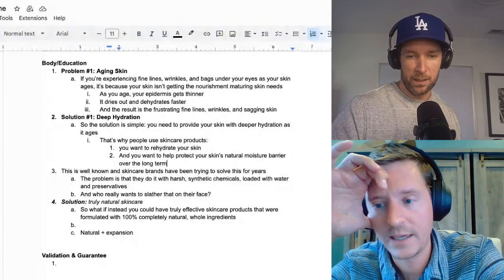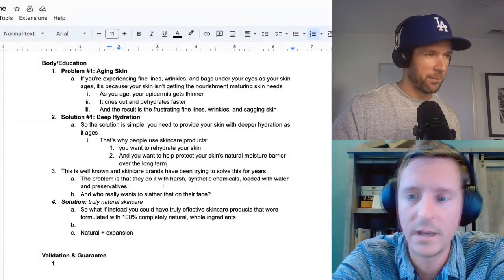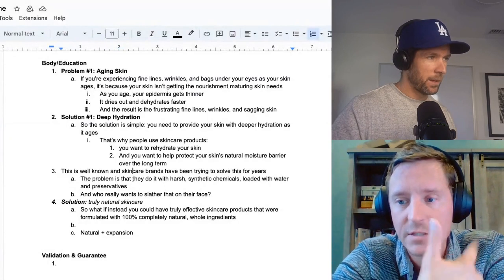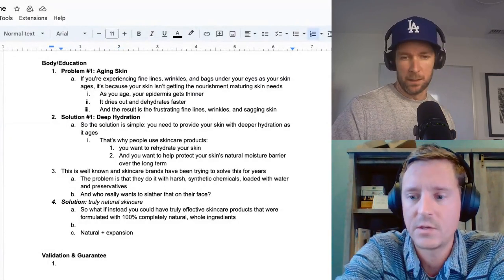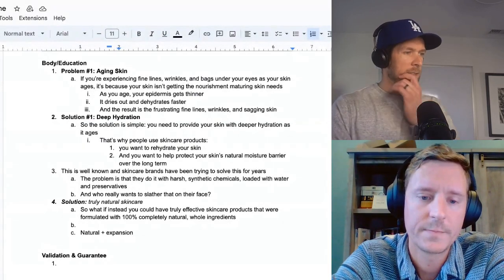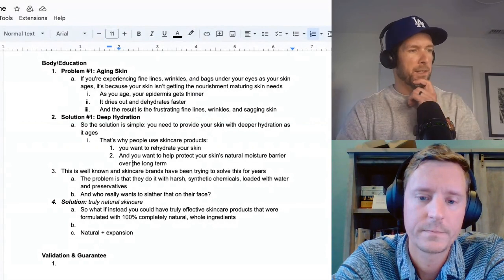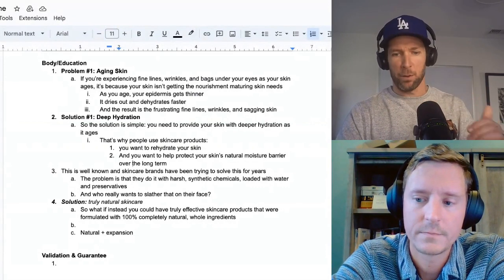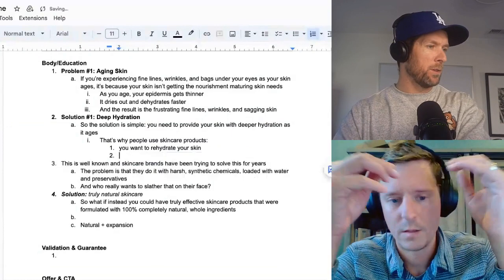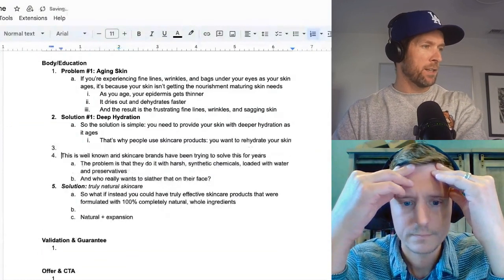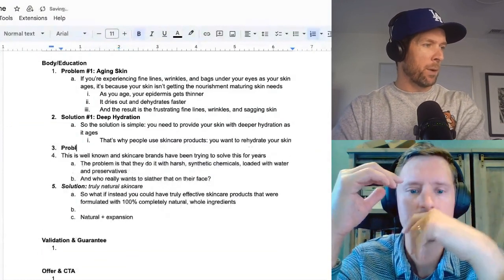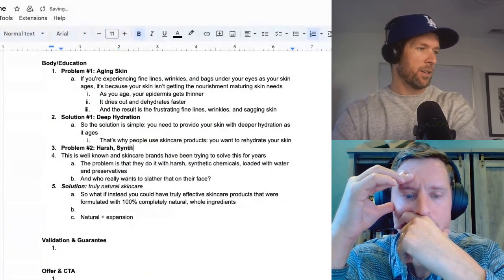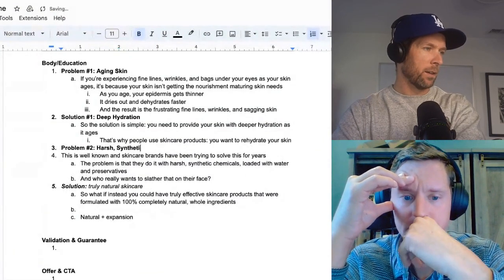That's what I'd figure, like harsh soaps or chemicals. A lot of foaming cleansers will strip this. Yeah. And so, okay, what if we bring in protecting your skin's natural moisture barrier under the harsh chemicals part? So what if we say that's why people use skincare products, you want to rehydrate your skin, and then we go to problem number 2, which is harsh synthetic skincare products.